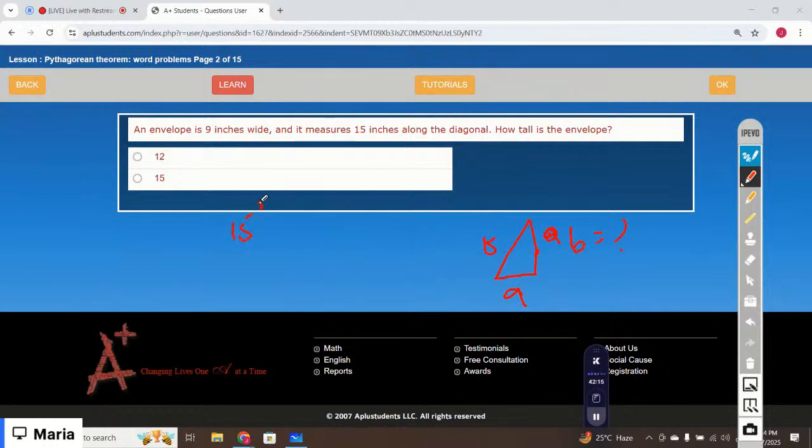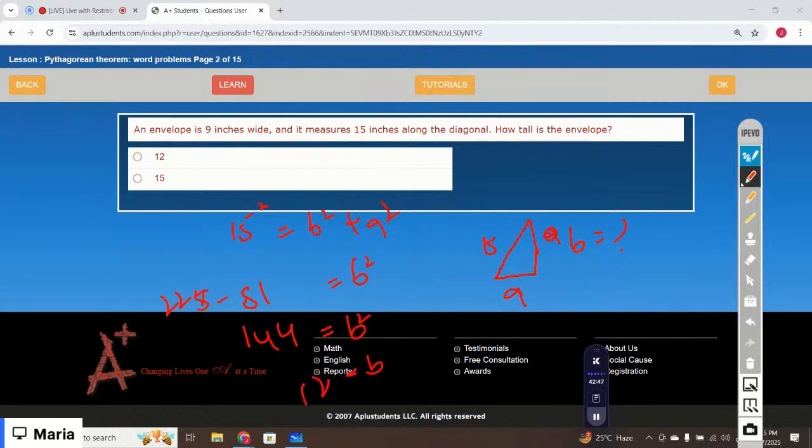That is 15 square equals b square plus 9 square. b square equals 225 minus 81. That is 144.